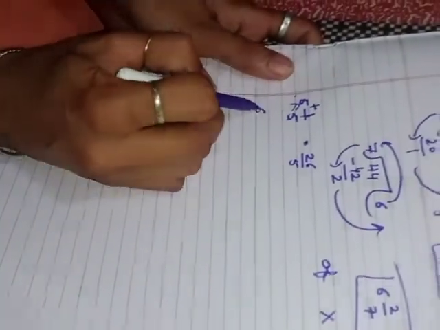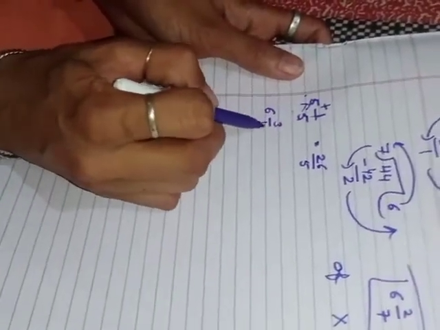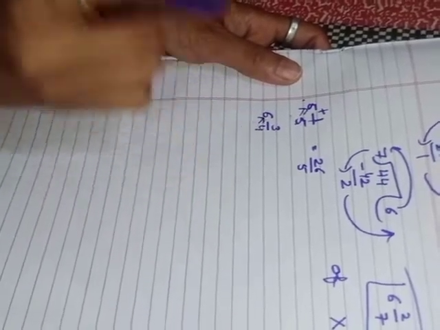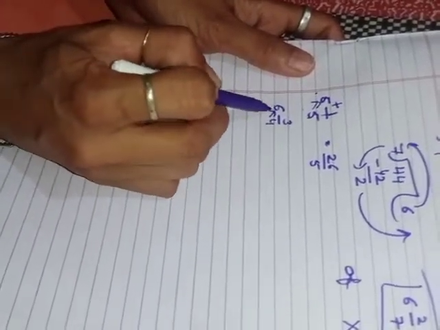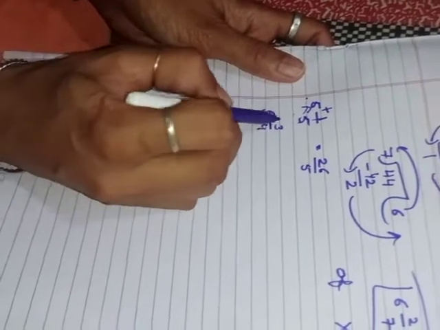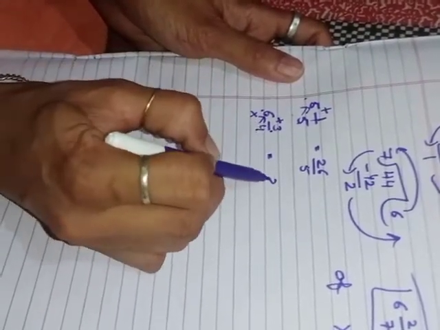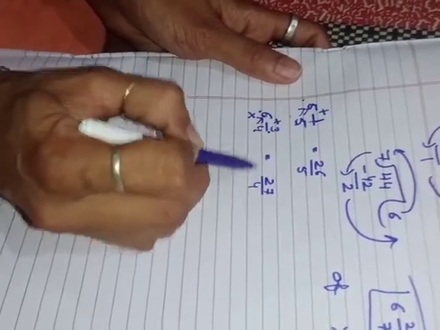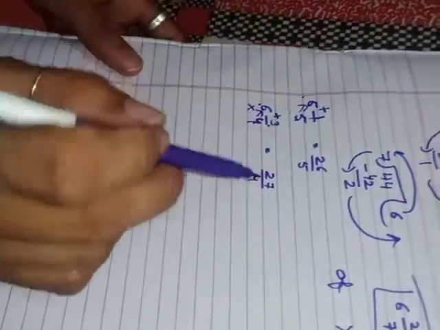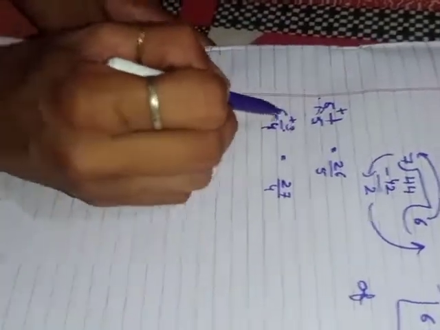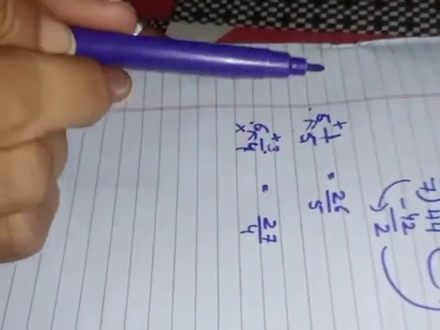One more example, 6 3 by 4. So multiply this with that. So on multiplying you get 4 6s are 24 and add 3. 24 plus 3 you get 27, and the 4 remains the same. Clear? So that is the way to change a mixed fraction into a simple fraction.